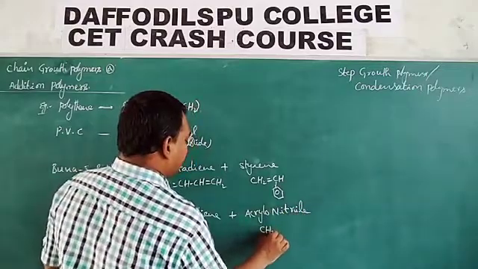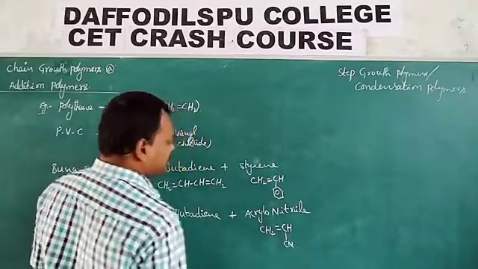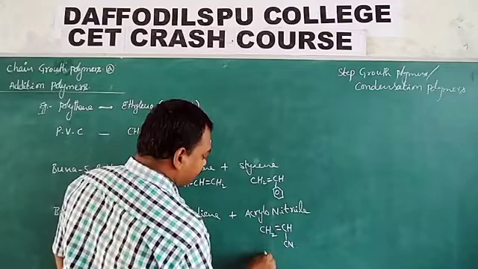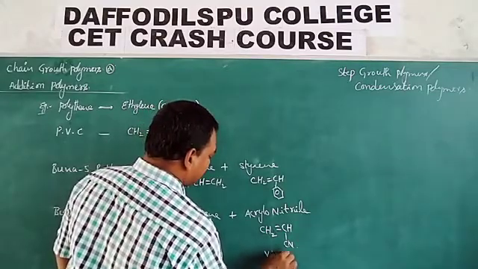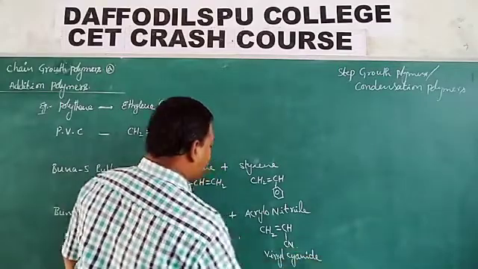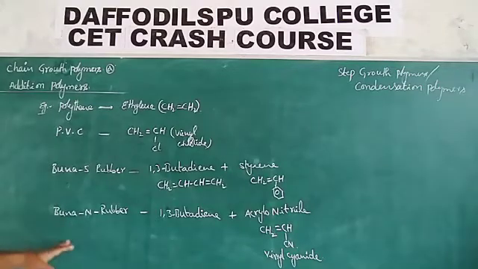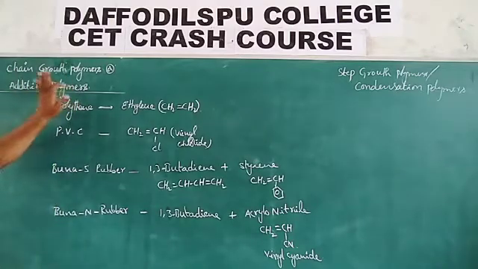This is vinyl cyanide, also known as acrylonitrile. So this is Buna-N rubber. Now these are the examples for addition polymers.